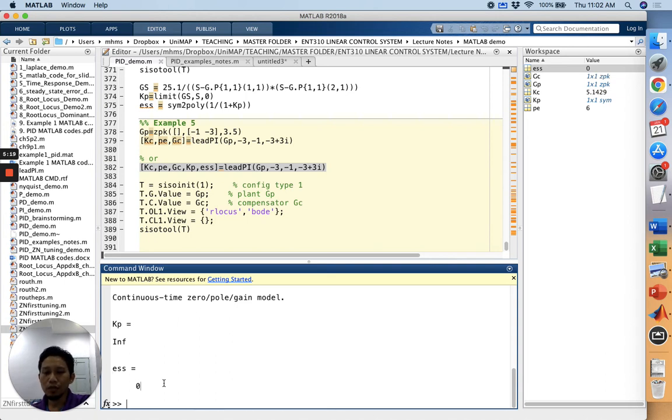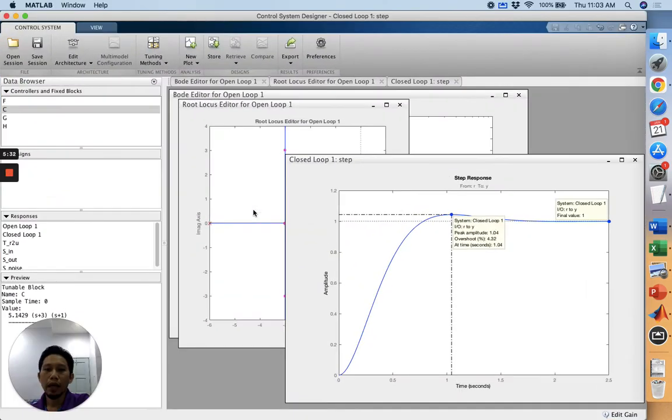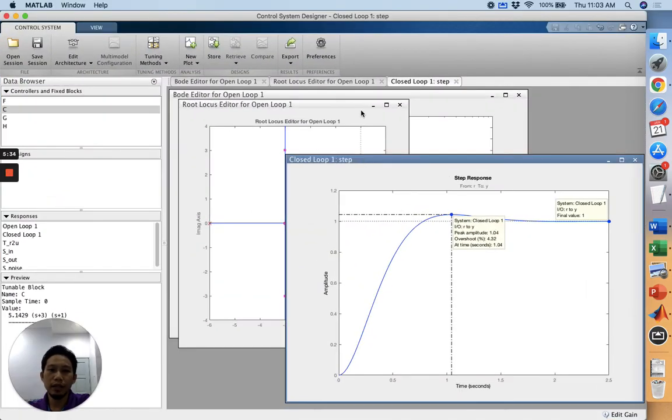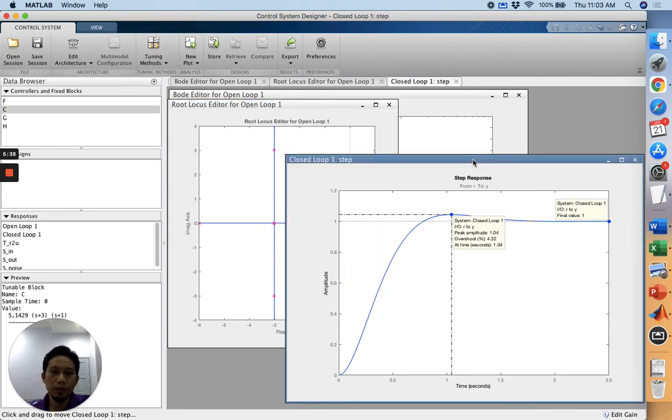So we managed to get all the parameters simply by running the function, and then we can plot the step response using Gp and Gc that we have calculated. What we get is the output response with 4.32% overshoot at 1.04 seconds.